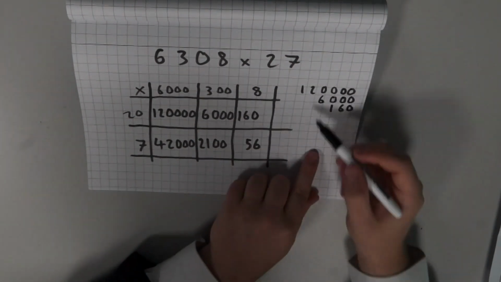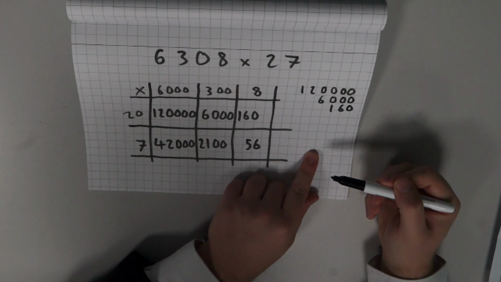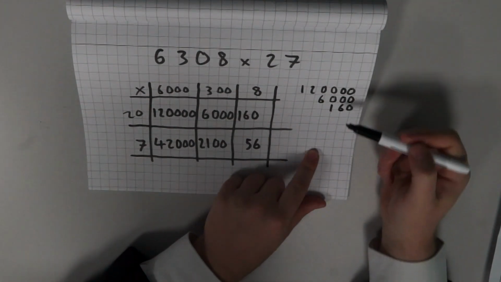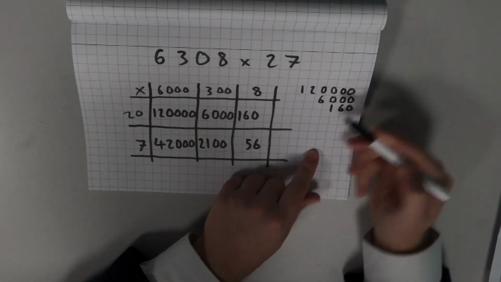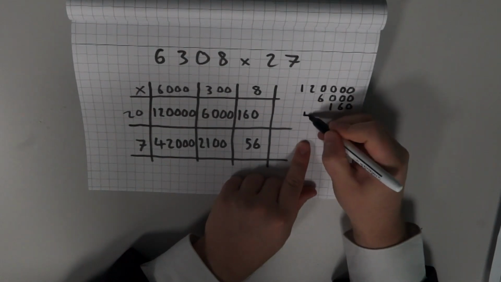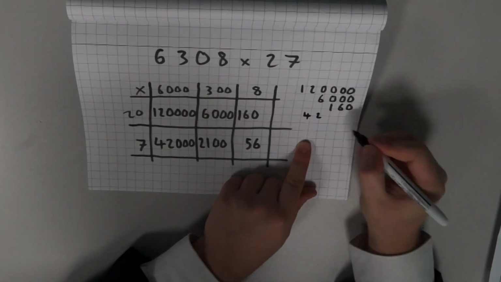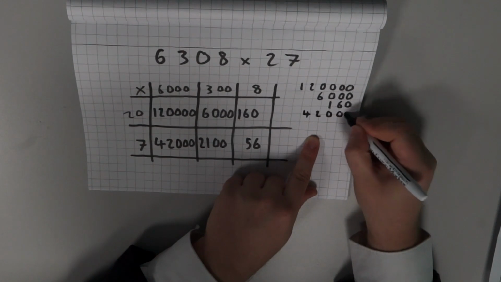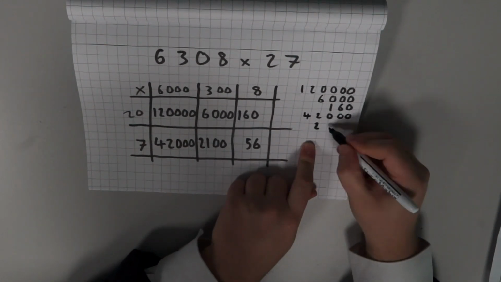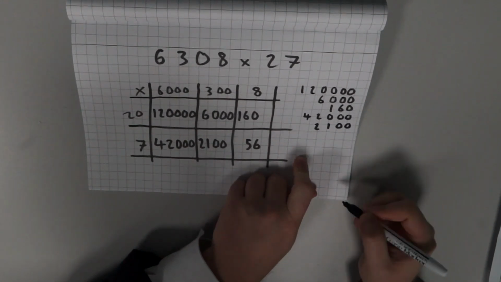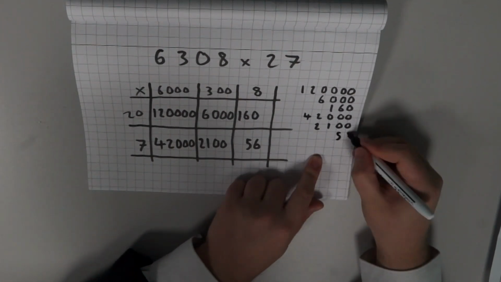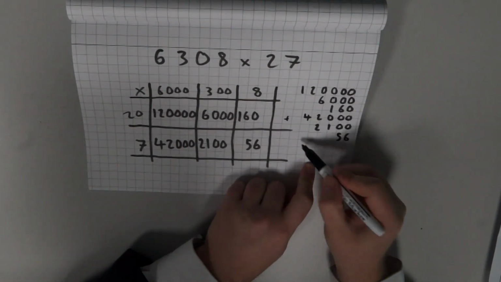Then 42,000, again, make sure I'm lining it up correctly, otherwise we might make a slight mistake. I want 42,000, so the 4 goes under that 2 there. 42,000, 2,100, and then 56. So I'm adding all of these up now.